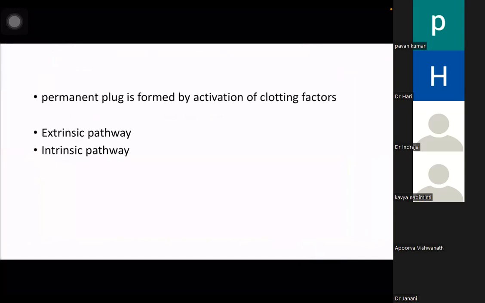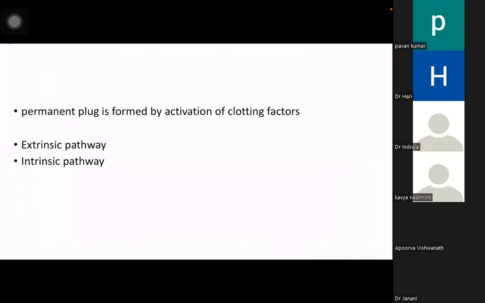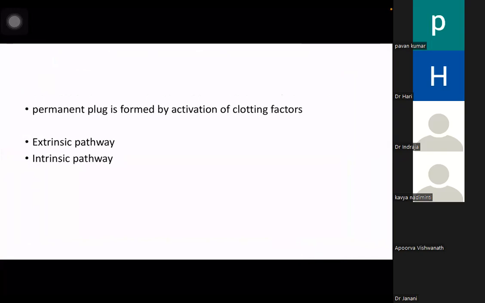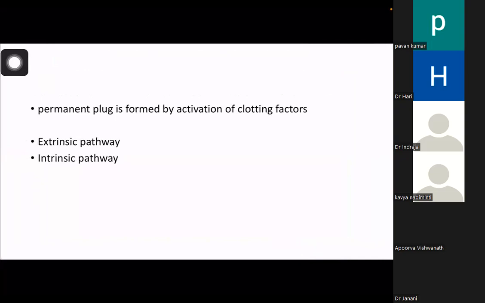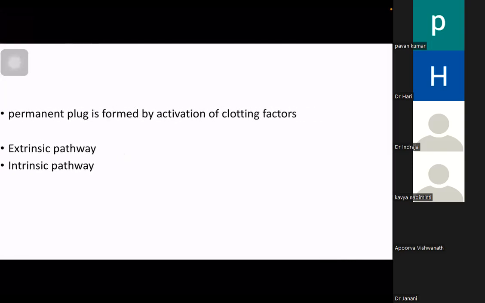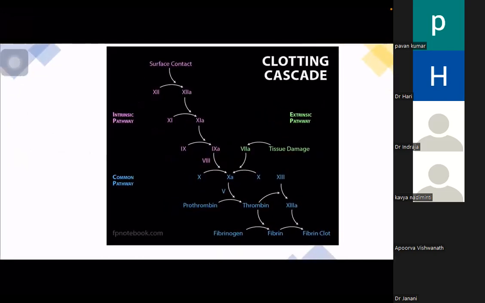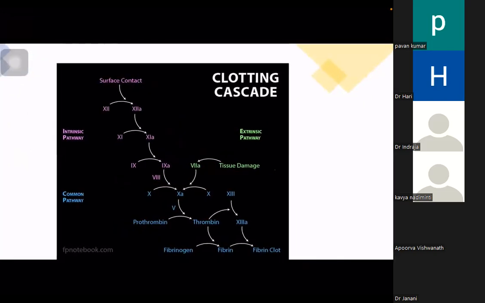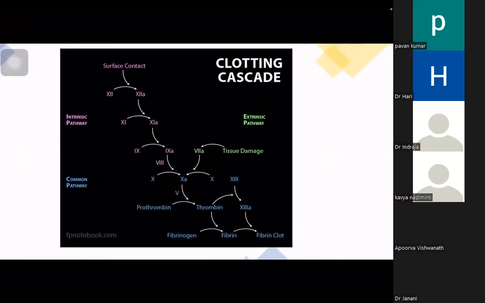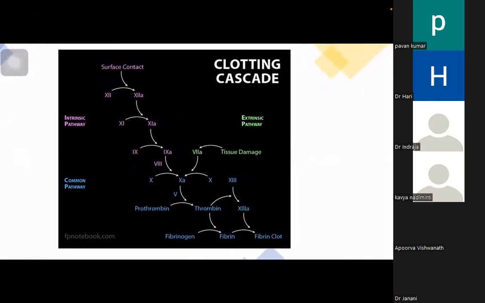And the permanent plug is formed by activation of clotting factors, which is by the extrinsic pathway and intrinsic pathway. And this is the clotting cascade, in which the extrinsic pathway is started by factor 7 and the intrinsic pathway is activated by factor 12.